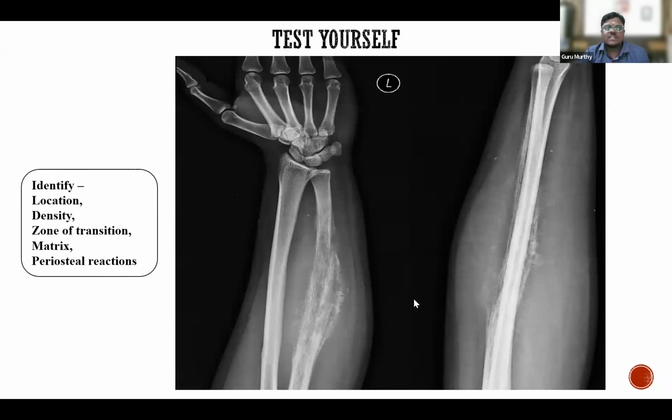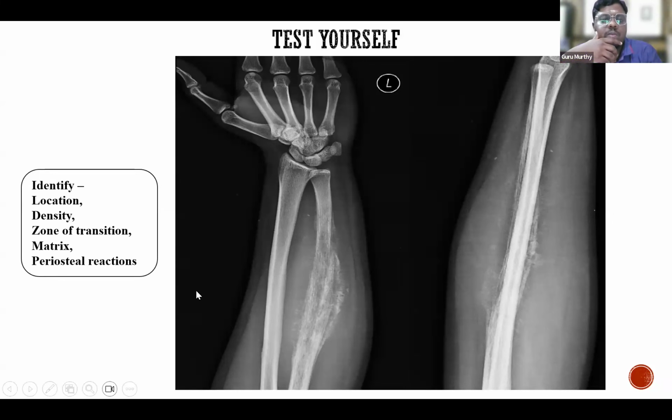So again, we'll test ourselves. We club all the findings again. Comment about the location, density, zone of transition, matrix, and the periosteal reactions. What all types of periosteal reactions are seen in this X-ray? So you can start commenting now. Take time.